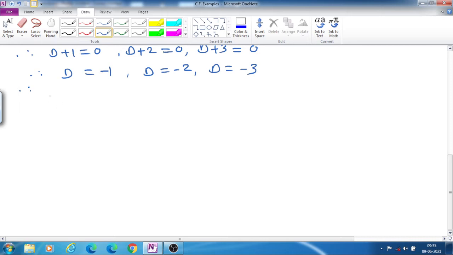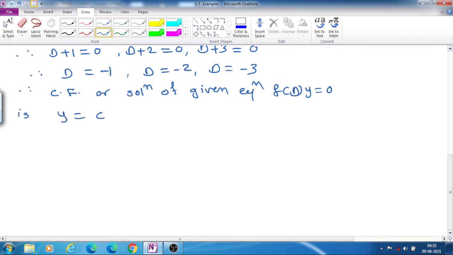So complementary function or solution of given equation, that is f(D) y is equal to 0, is y is equal to c1 e raised to m1x.